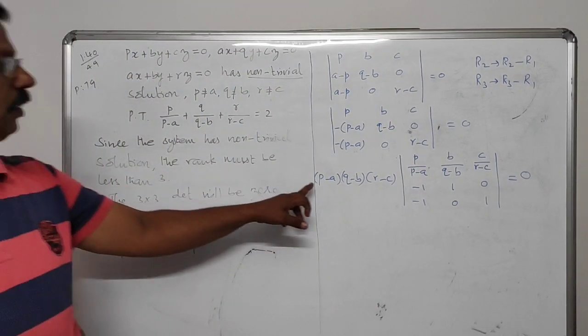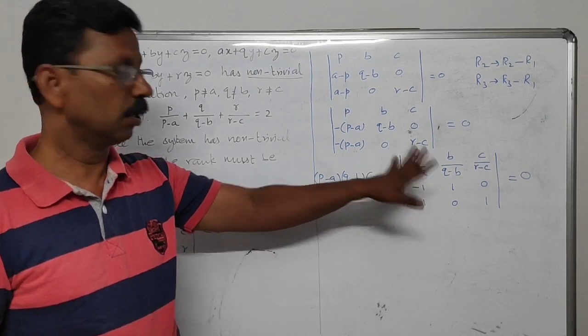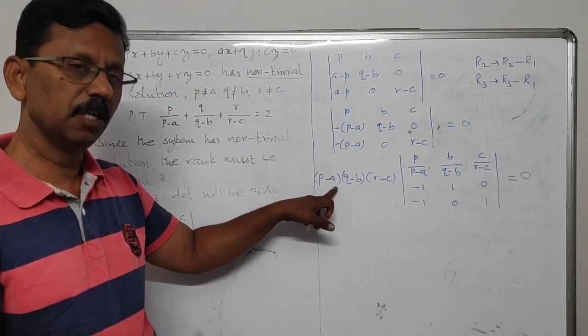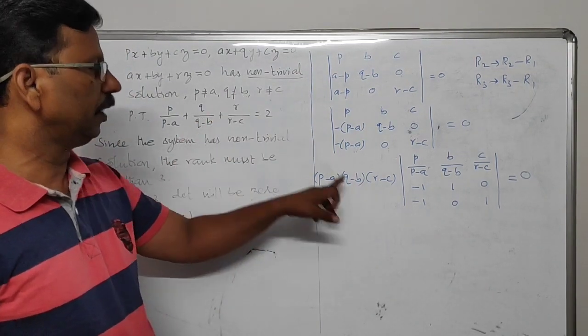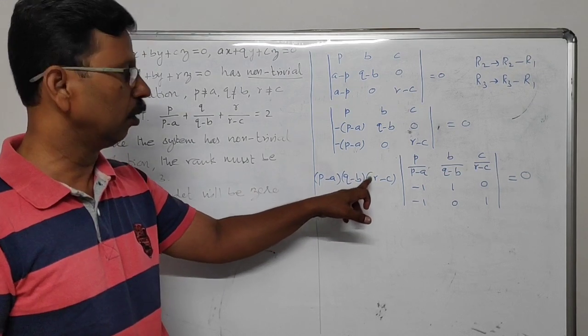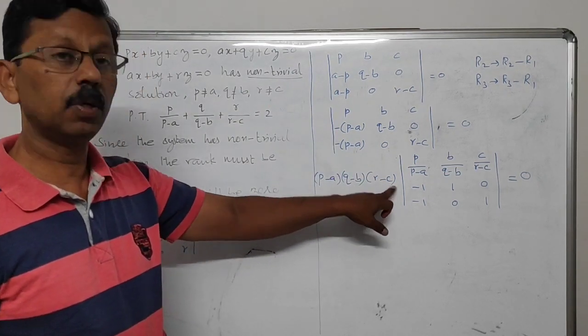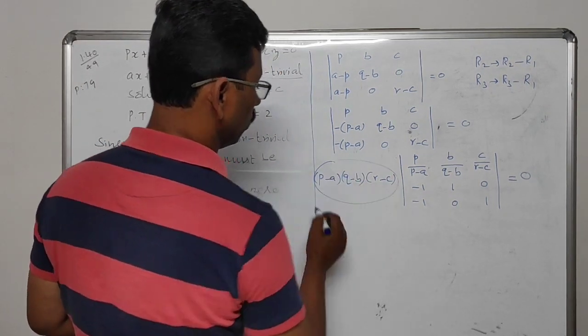Here, these terms p minus a, q minus b and r minus c are not equal to 0, because p is not equal to a, which means p minus a is not equal to 0. Similarly, q is not equal to b means q minus b is not equal to 0. Similarly, r is not equal to c means r minus c is also not equal to 0. Therefore, these three terms are not equal to 0.